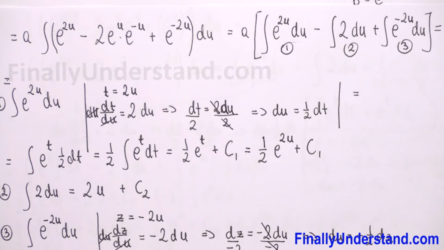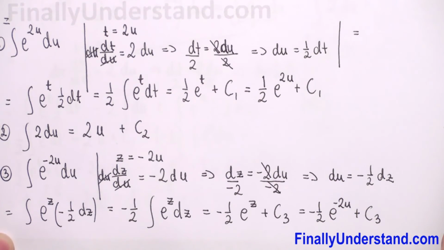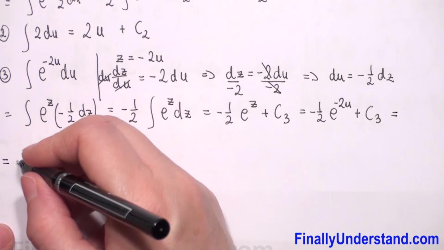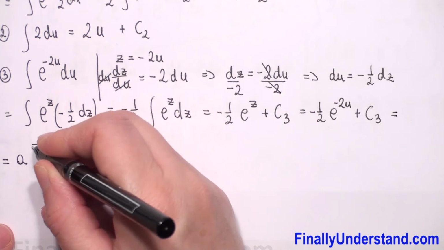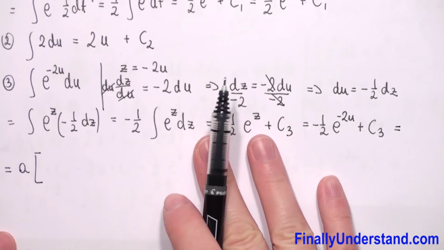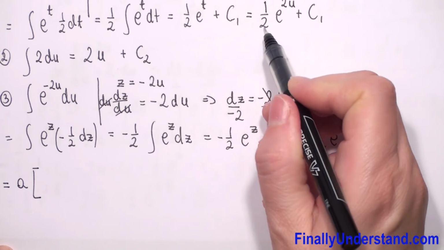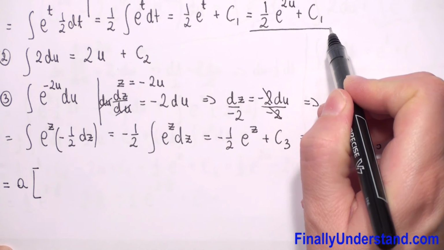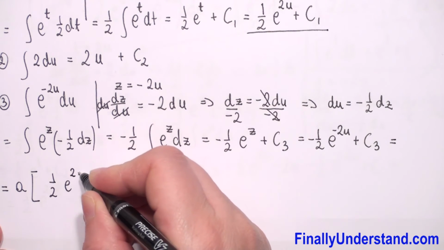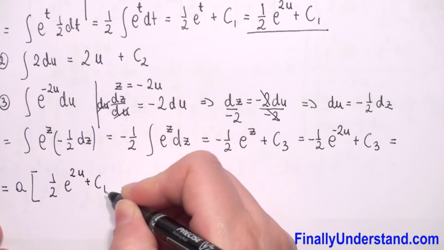So we can replace now this whole expression. We have to copy a, and in brackets we will have the first integral, which is equal to 1/2 e to the power 2u plus c1.